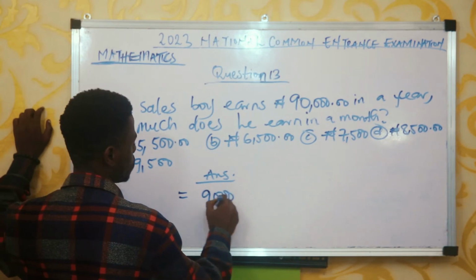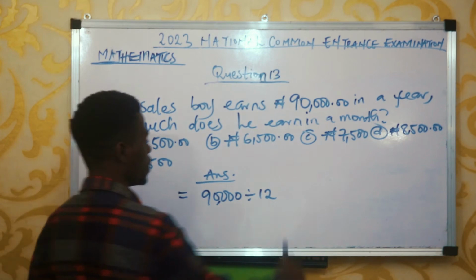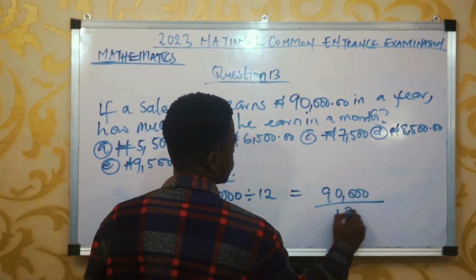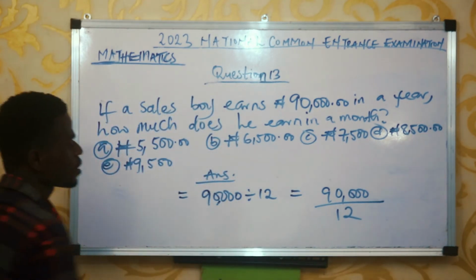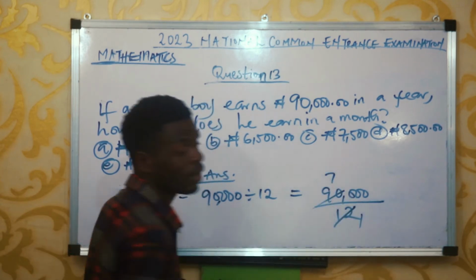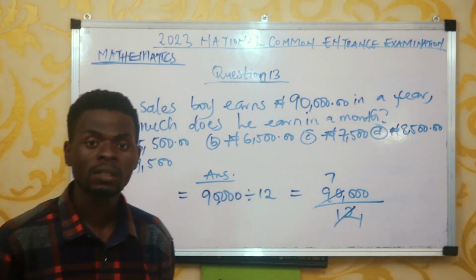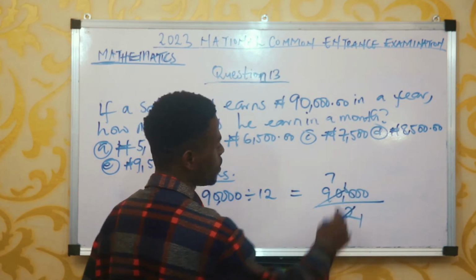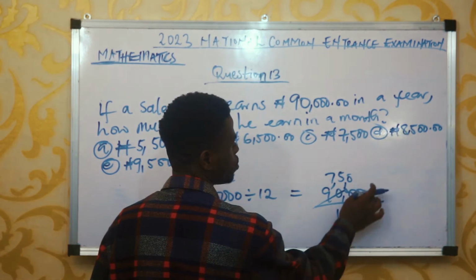So in this case, we say 90,000 divided by 12. Don't forget that. We want to look at the exact money he earns monthly. So in this case, 12 in 90 is 7, remainder 6. 12 times 7 is 84. So we put our 6 here, making 60. 12 in 60 is 5. 12 in 0 is 0. 12 in 0 again is 0.